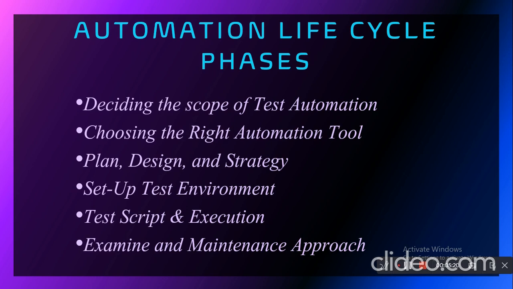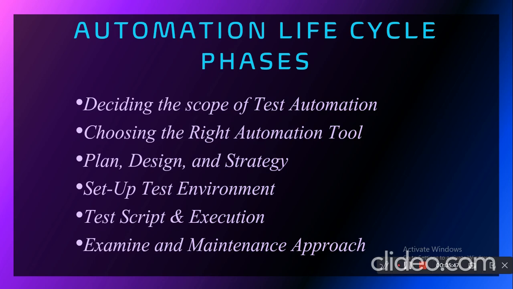Okay, the next phase is examining and maintenance approach. It is the last phase of the automation testing lifecycle. After a wide range of testing is carried out, the testing team examines to determine specific segments that experience an overall number of issue reports.